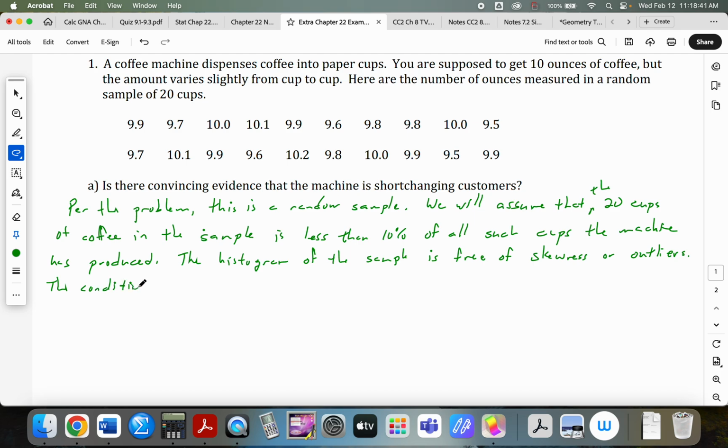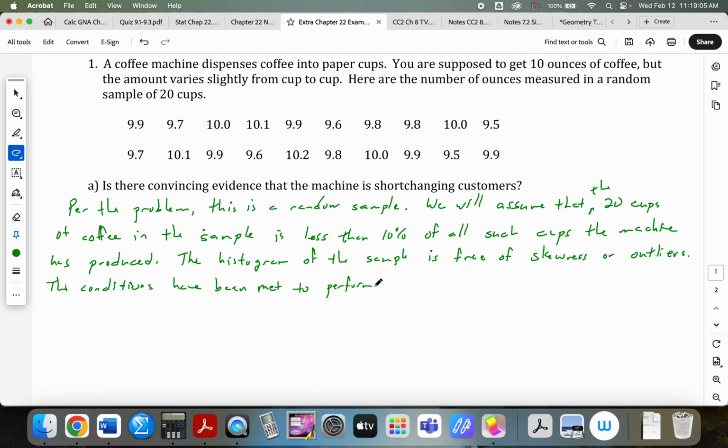One proportion or one population Z interval test. One mean. If you have trouble remembering, the nice thing is your calculator actually tells you the name.